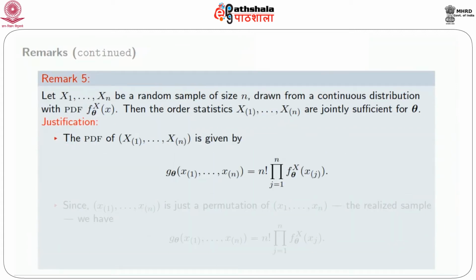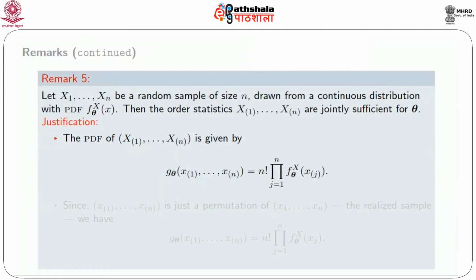Now we make a very important observation. Let X1, X2, ..., Xn be a random sample of size n drawn from a continuous distribution with PDF f theta(x). Then the order statistics, that is the set X(1) up to X(n), are jointly sufficient for theta.